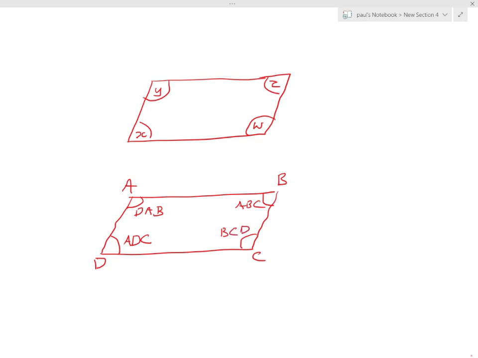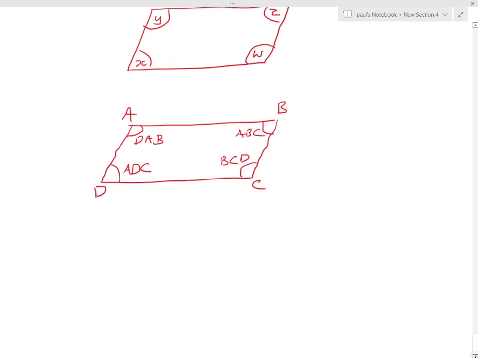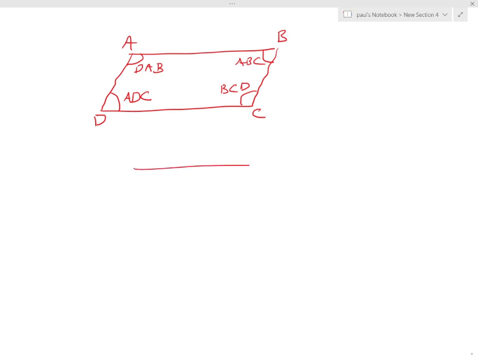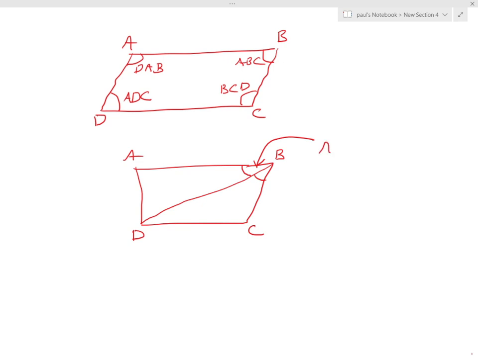Now, the reason why it's done like that is if we have this sort of affair and we've got that and that, and we've got A, B, C, D, this angle here will be A, B, D. Yeah, that's just the top bit.